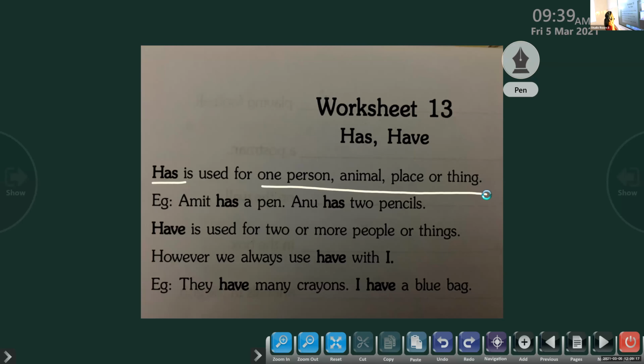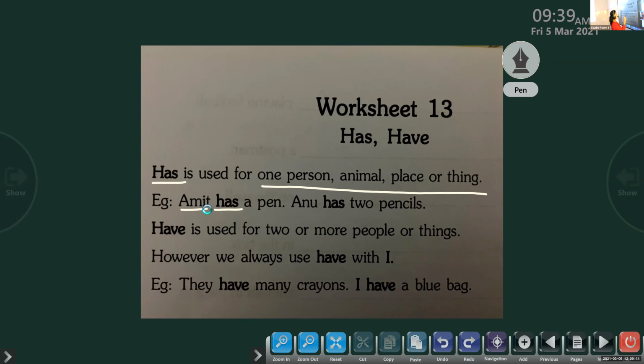For example, Amit has a pen. Here we are speaking about Amit, who is only one boy, one person. So we use the word has.